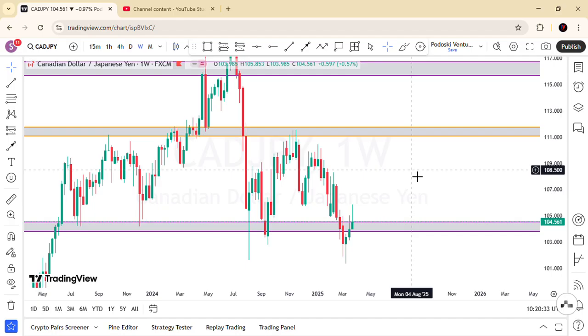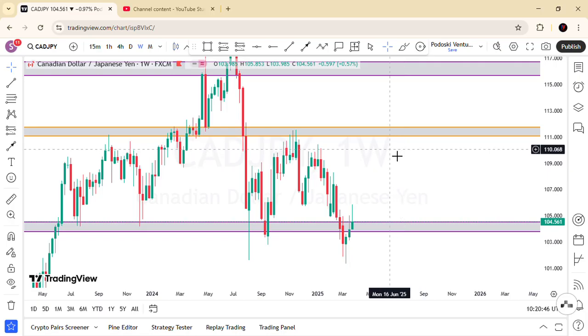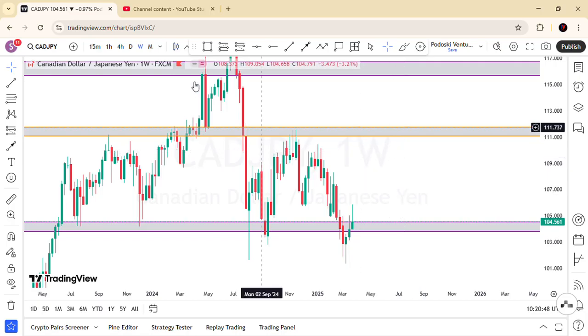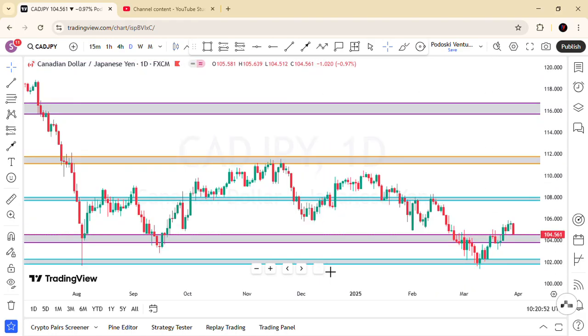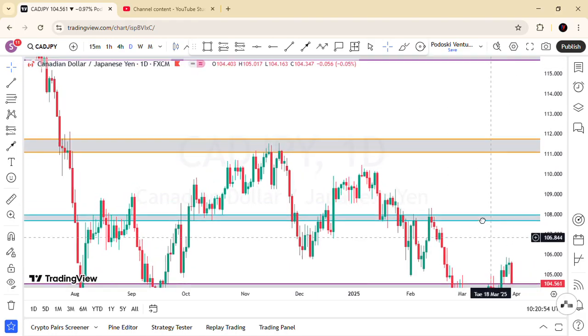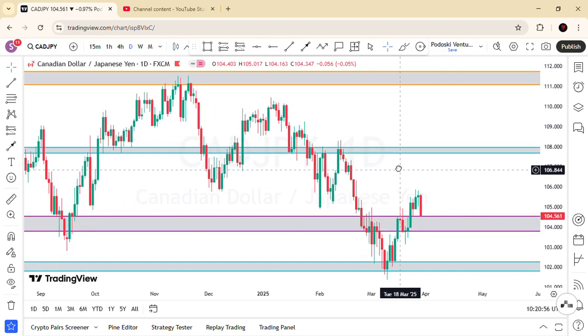So if the monthly and weekly time frames align together, you should be looking for buying opportunities. So let's go to the daily and then to the 4 hour, and then we look for an entry on CAD/JPY.